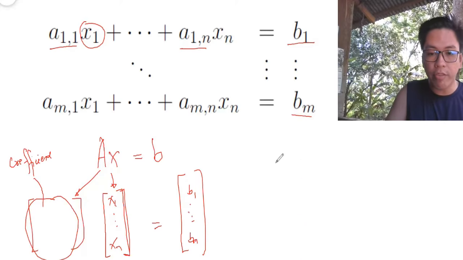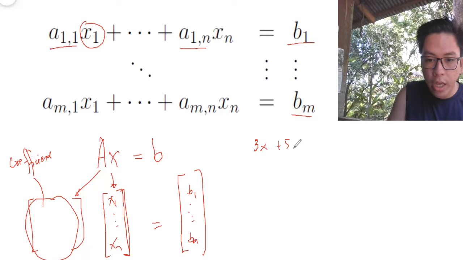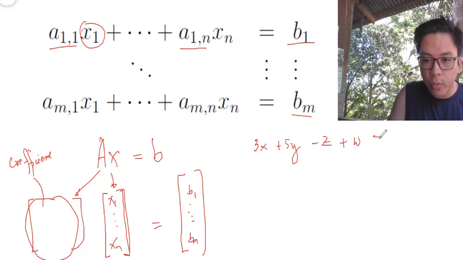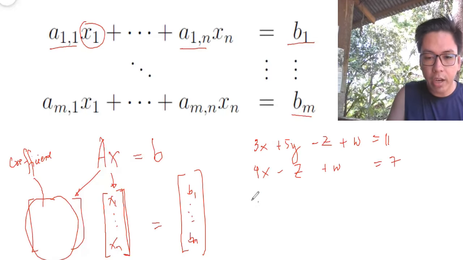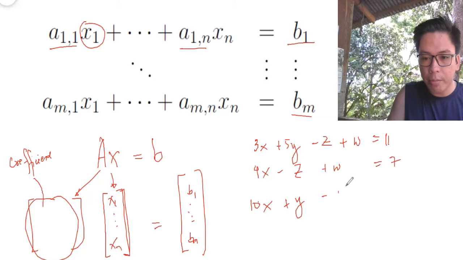For this coefficient matrix, these are entries of the coefficients from the system of linear equations. So say, for example, you have 3x plus 5y minus z plus w equals, let's say, 11. You have 4x minus z plus w equals 7. And then you have 10x plus y minus w equals 2. And then you have 11x plus y minus z equals 10.